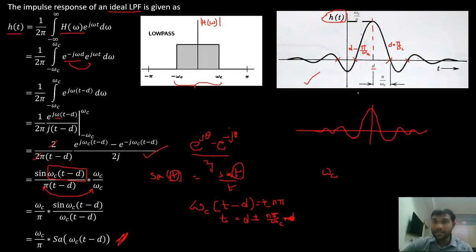If you look at this impulse response, it extends from minus infinity to plus infinity. The sampling function exists from minus infinity to plus infinity. That is, the impulse response is not only defined for the positive values of t, but it is also defined for negative values of t.